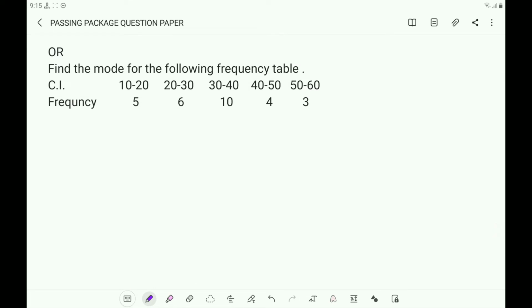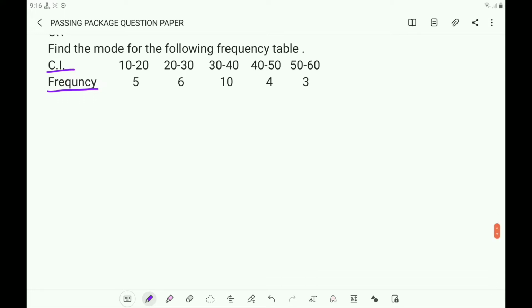Now let us take the OR question of question number 12. What is that question? Find the mode for the following frequency table. Class intervals and corresponding frequencies are given. Here what we have to find out? We have to find the mode. So you write the class interval and frequency in vertical columns.